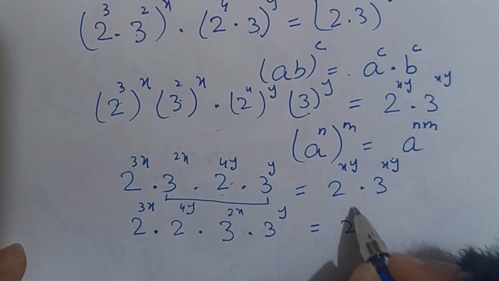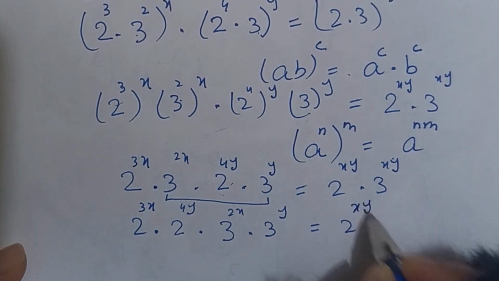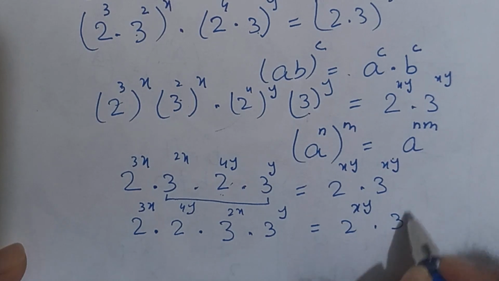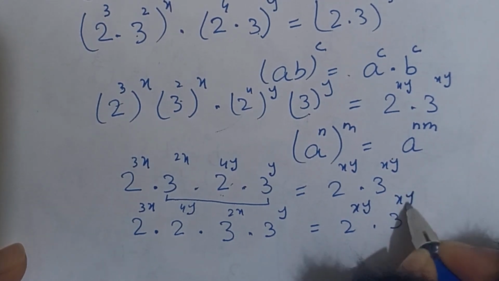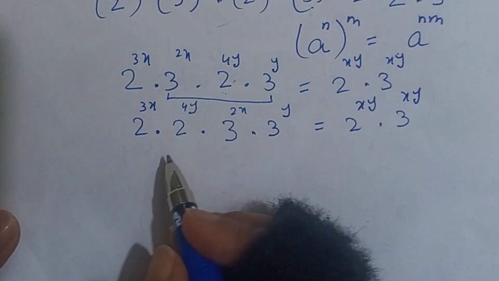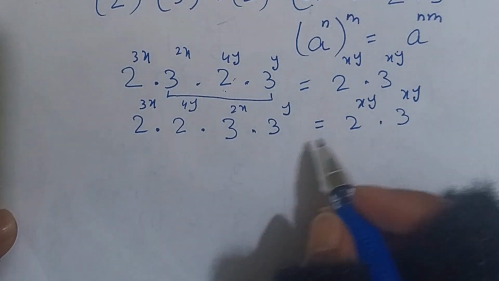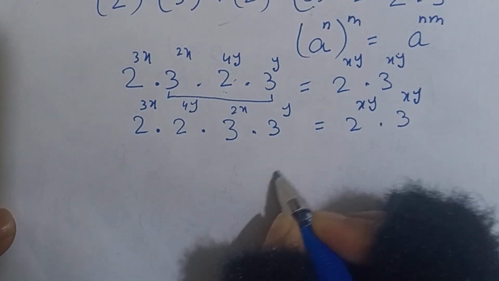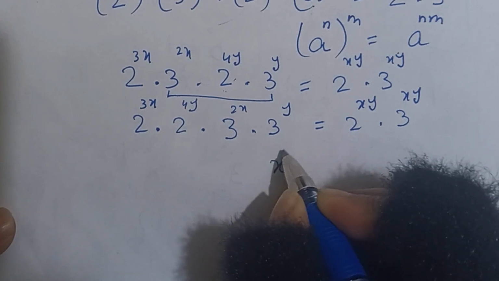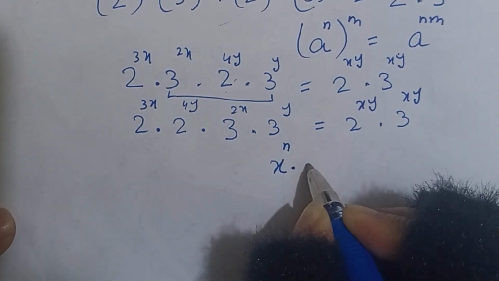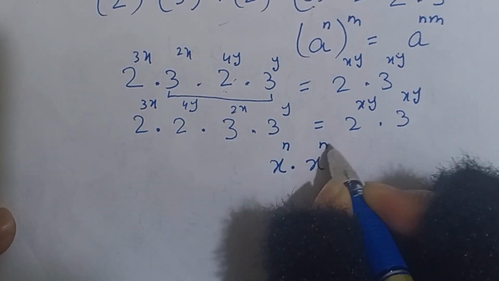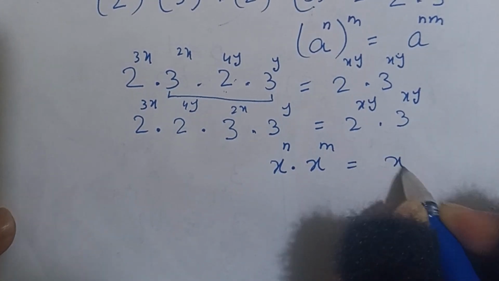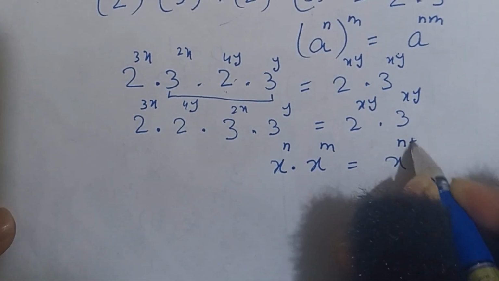The right hand side is 2 raised to the power xy multiplied by 3 raised to the power xy. Now in the next step, we apply our exponent property: x raised to the power n multiplied by x raised to the power m is equal to x raised to the power n plus m.